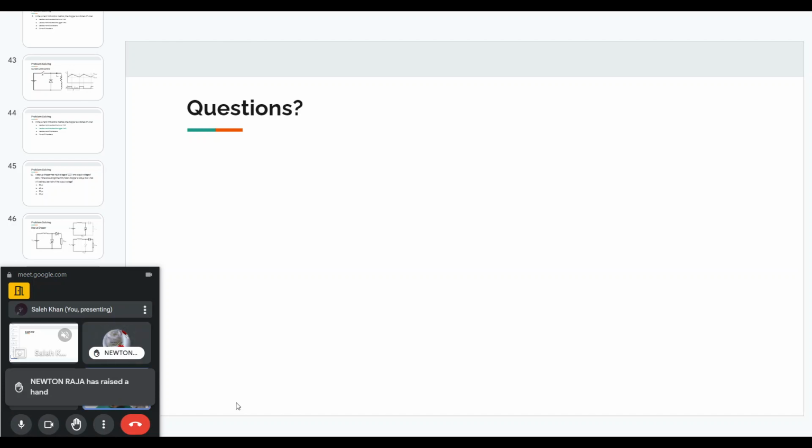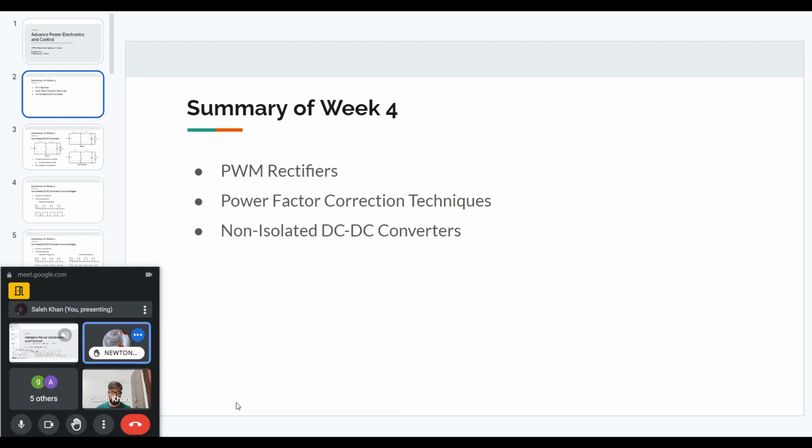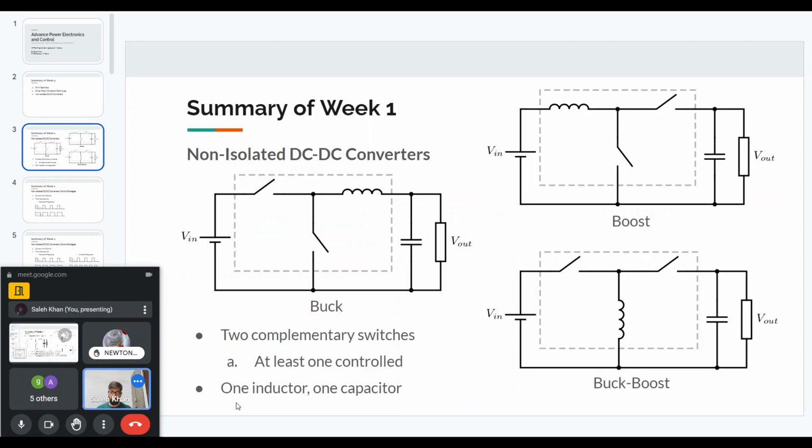Yes, Newton, you have a question? Okay, so I talked about the three basic non-isolated converters: the buck converter, the boost converter, and the buck-boost converter. I'm talking about the structure of these converters. They have the input DC voltage, the output DC, and we usually have an output capacitor.